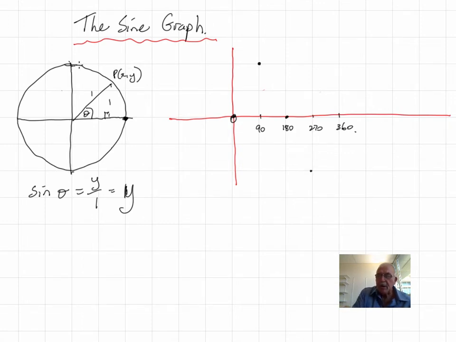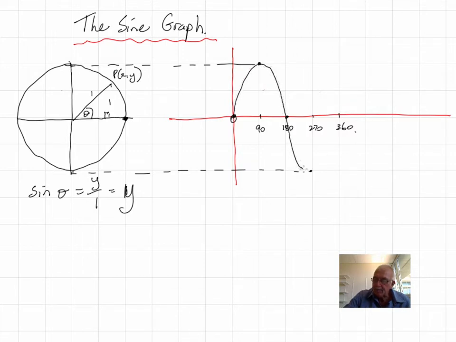So if you like, the graph will chase the y coordinate. At 0, the y coordinate is 0, so it'll go up like this, back down, and then back up again, and everything in between.